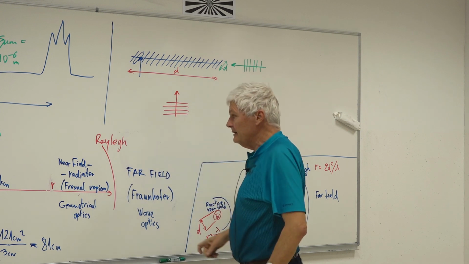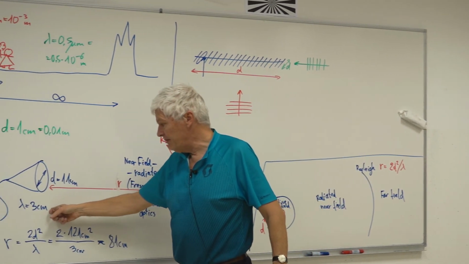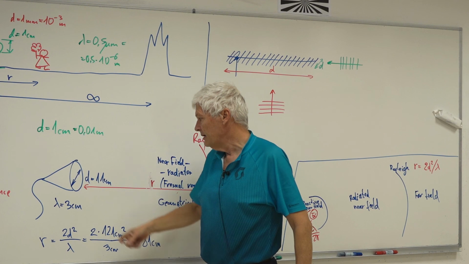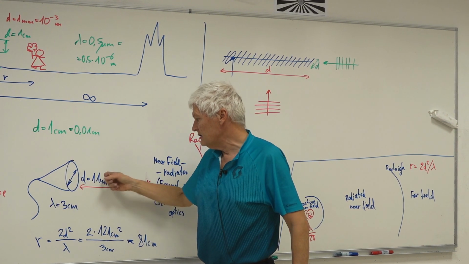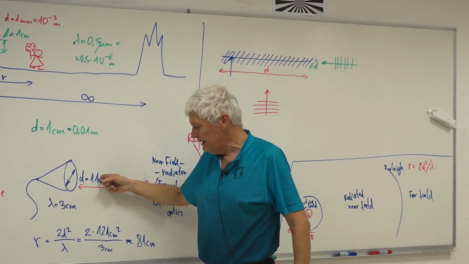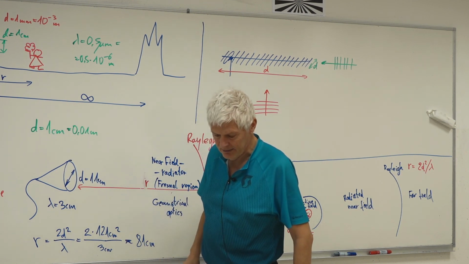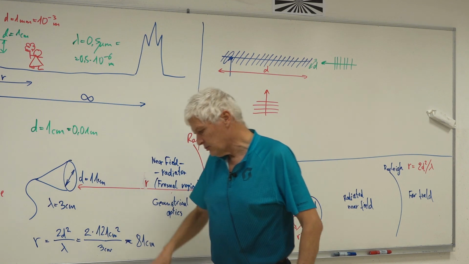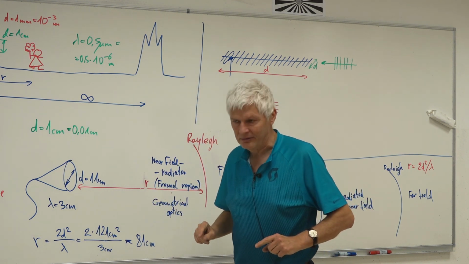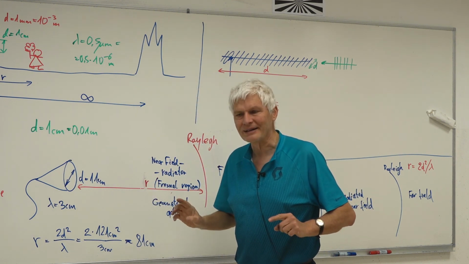If I made here an example, say, the same wavelength, this is almost satellite TV. For a satellite TV, there's 1 meter diameter. This is 100 times more. It's 81 meters, not 21 centimeters. And 81 meters will not fit in any laboratory I know. This is way too large.